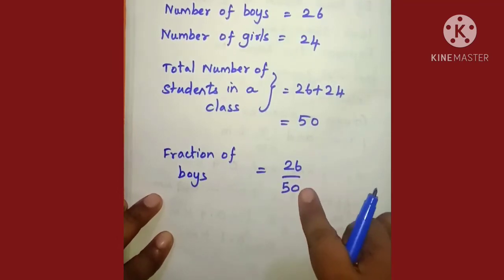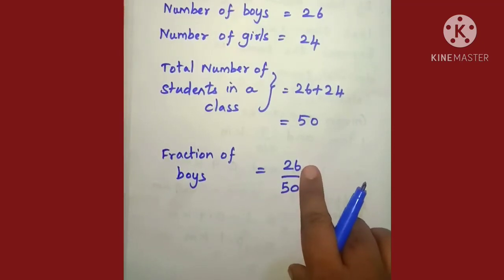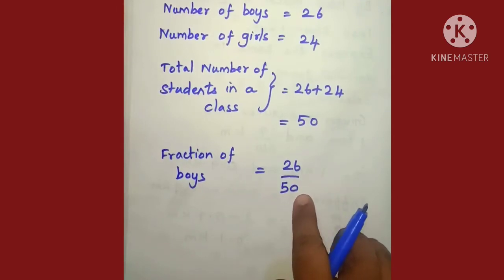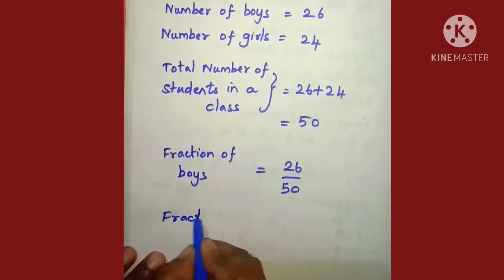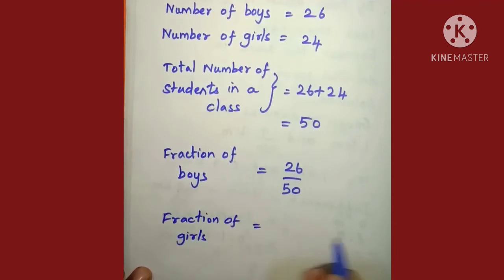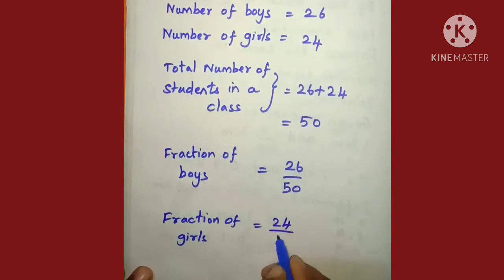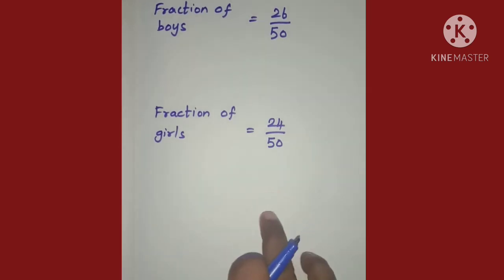That is, in 50 students, the number of boys is 26. So, 26 out of 50 is the fraction of boys. Similarly, fraction of girls will be 24 by 50.